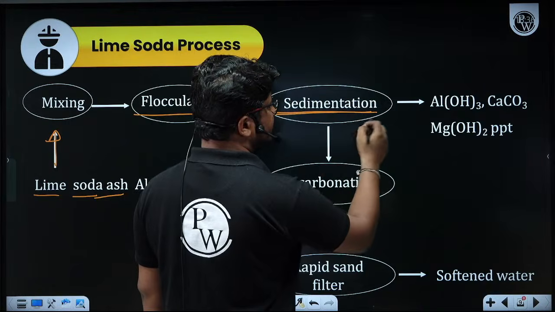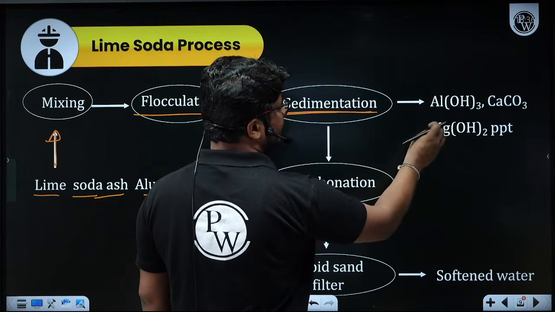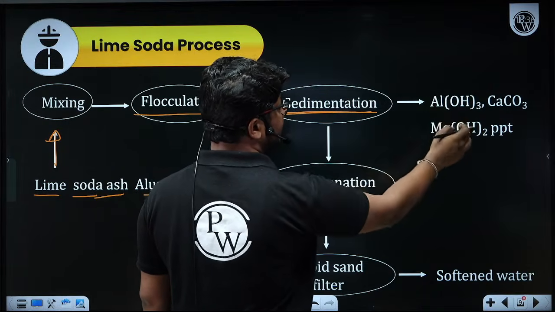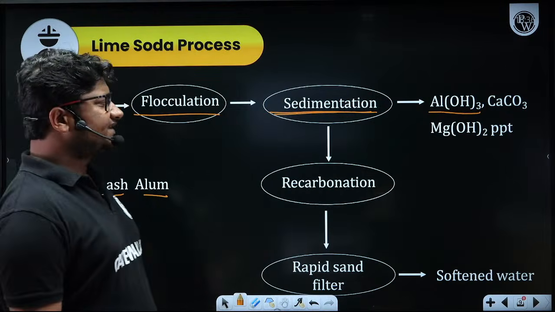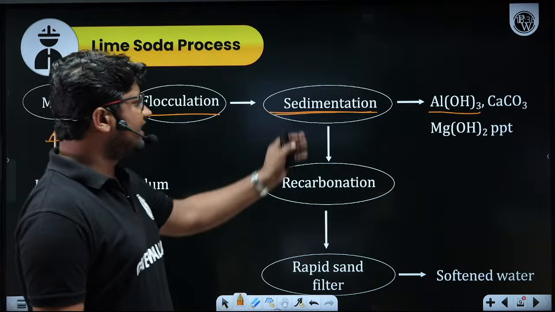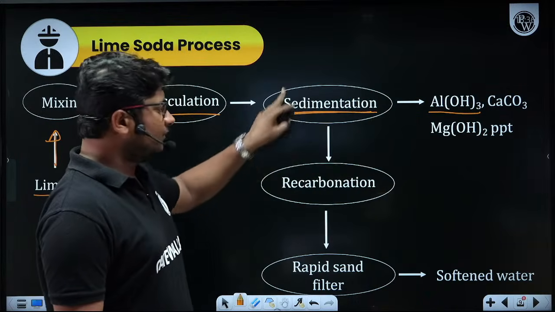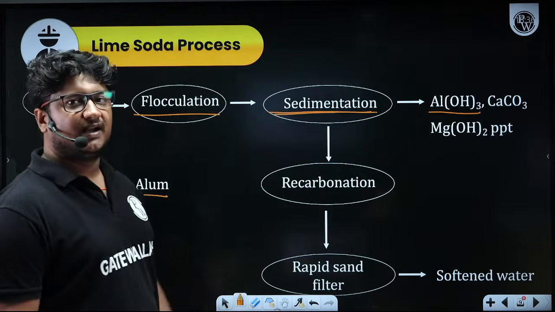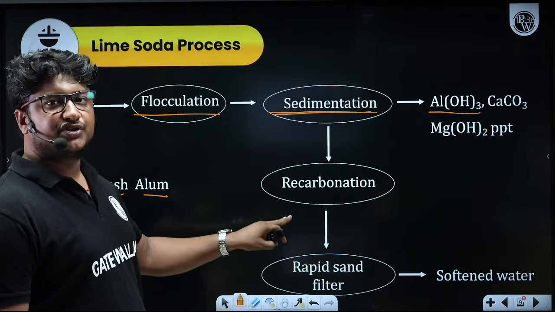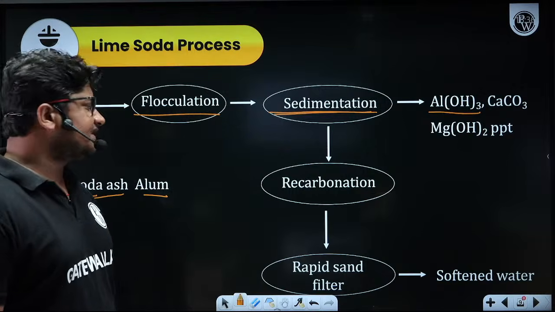Here in the sedimentation tank, your calcium carbonate, your Mg(OH)2, your Al(OH)3, all the precipitates will get removed, and the supernatant water will go into the recarbonation unit. In the recarbonation unit, as I said, carbon dioxide is added again.